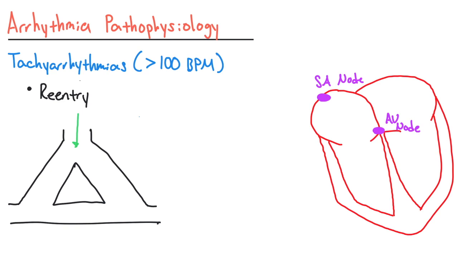Let's say that we're looking at some sort of cell that is over here in the ventricles. We'll highlight that in green. Let's say that we're looking at cells right down here in the ventricles. So here we have a signal coming down.